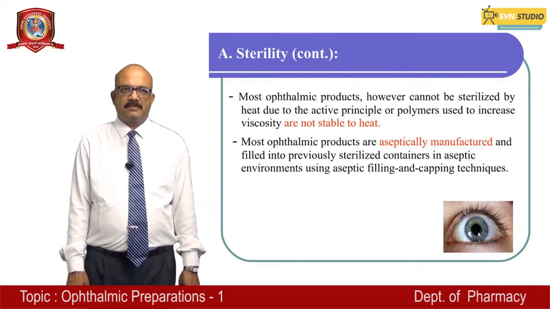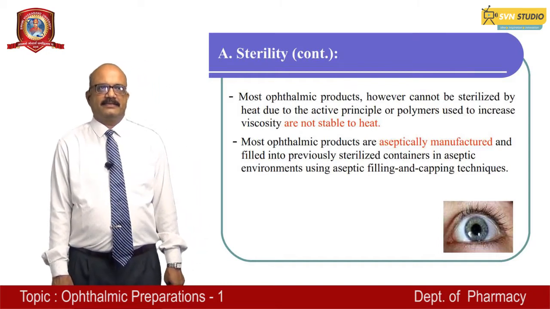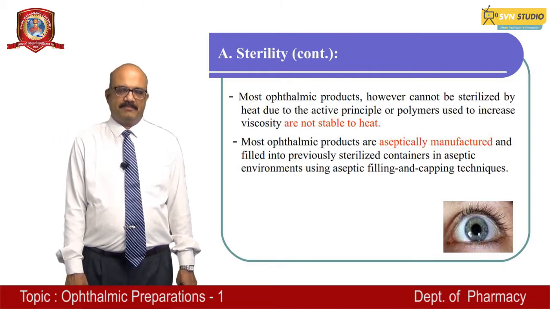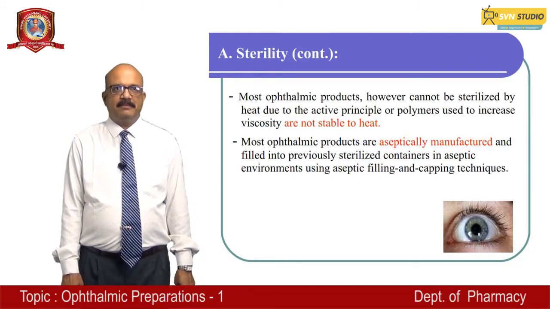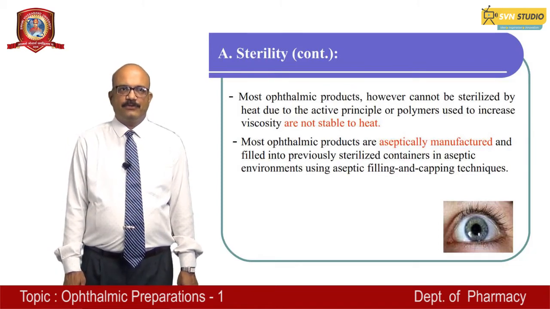Those are not stable; they do not withstand the heat. In that condition, other optional methods are to be followed, like filtration. Most ophthalmic products are aseptically manufactured and filled into previously sterilized containers in aseptic environments using aseptic filling and capping techniques.